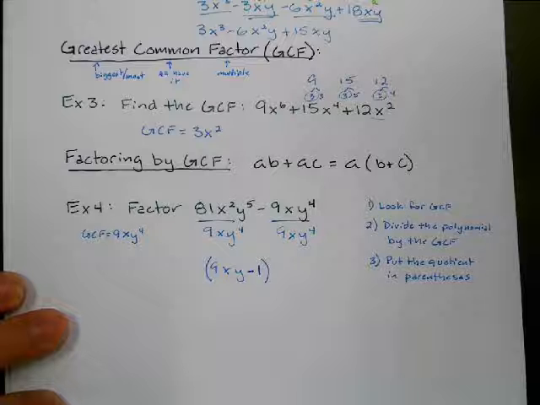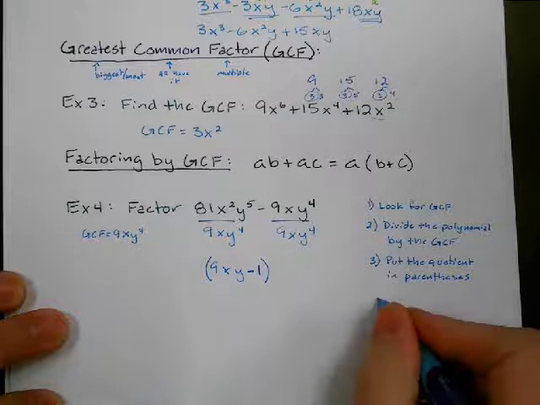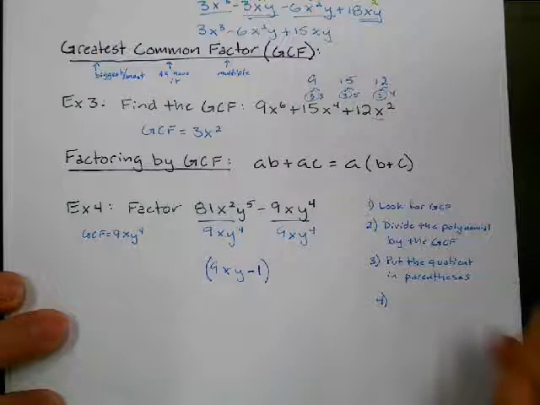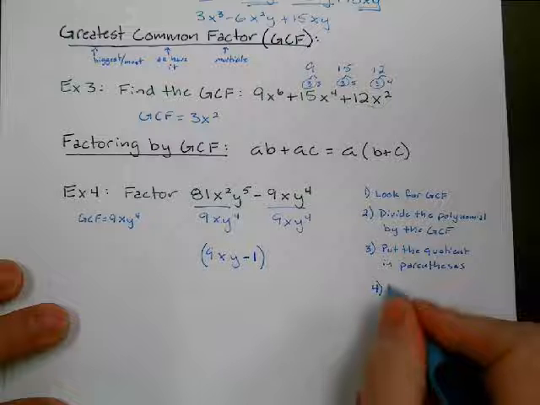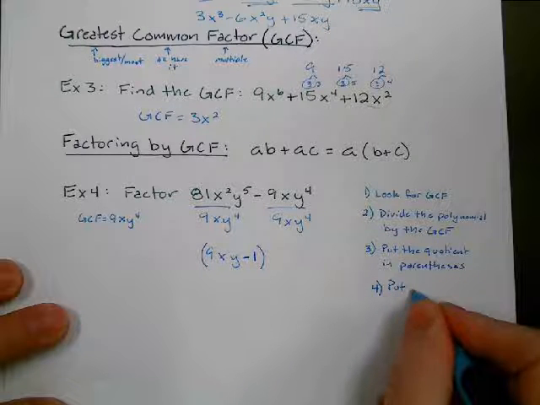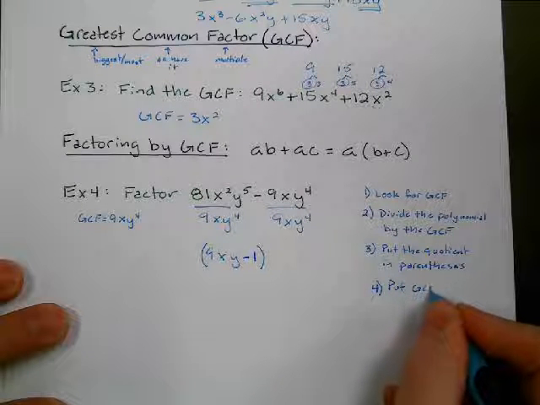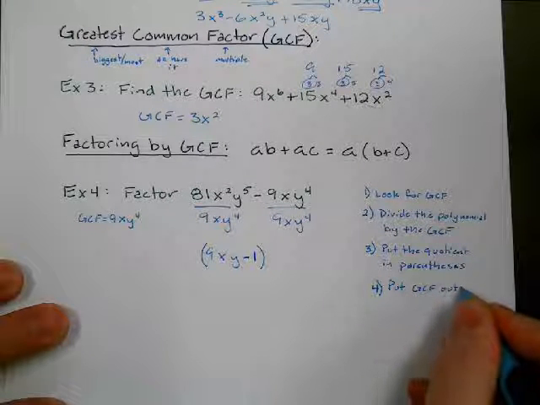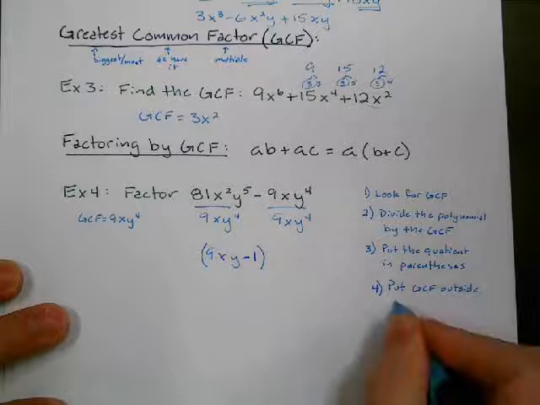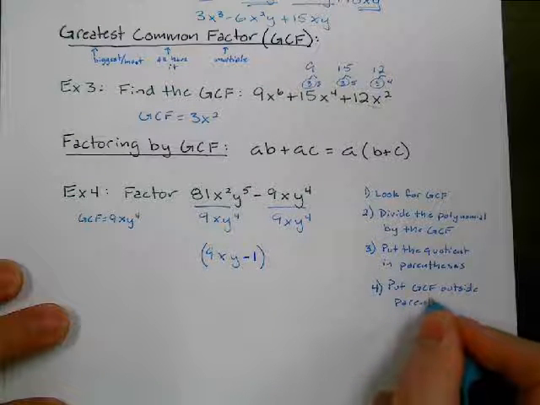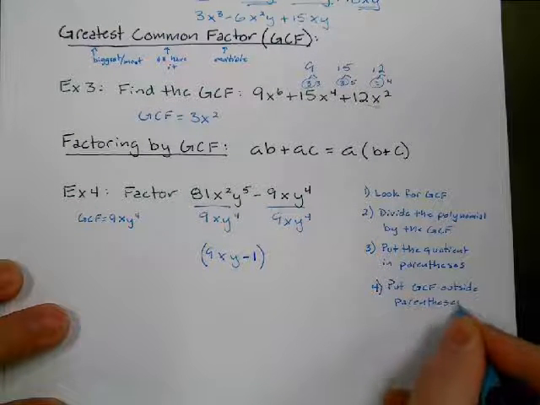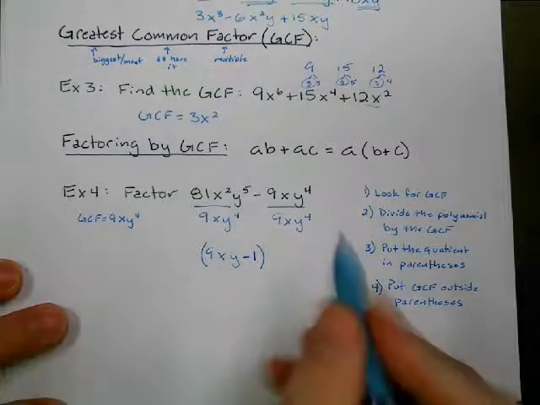All right, last step. Put the GCF outside the parentheses. So the GCF was 9xy to the 4th.